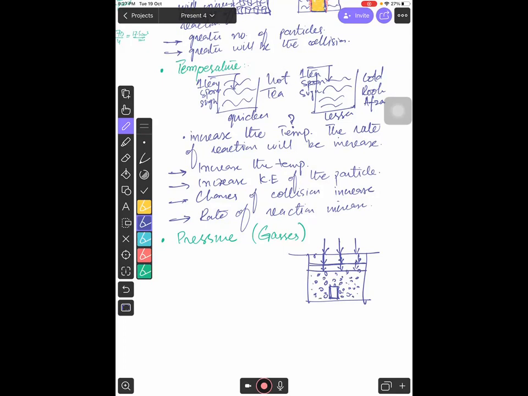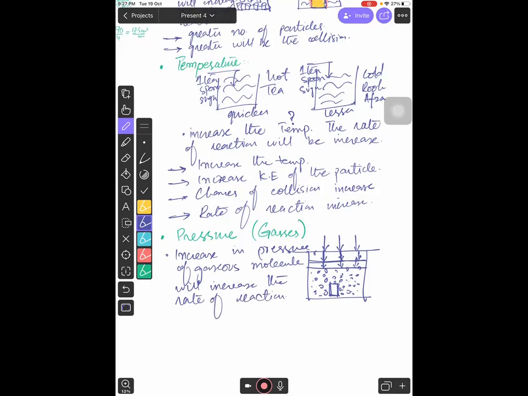Okay, so you can say that an increase in pressure of gaseous molecules will increase the rate of reaction, right, bacho?